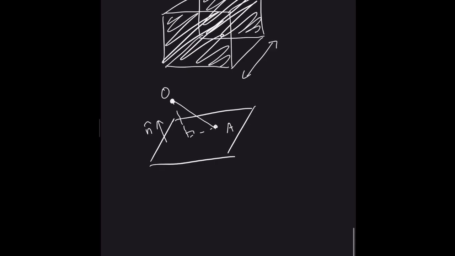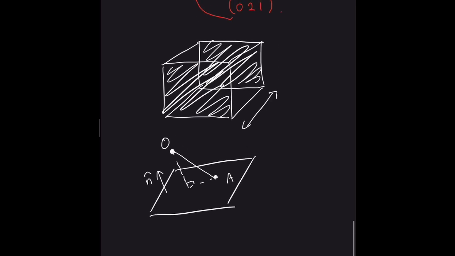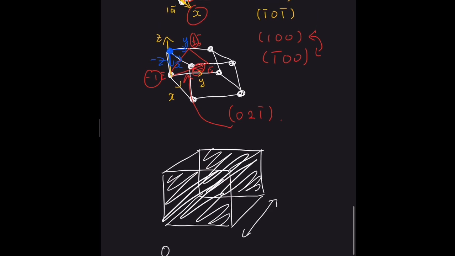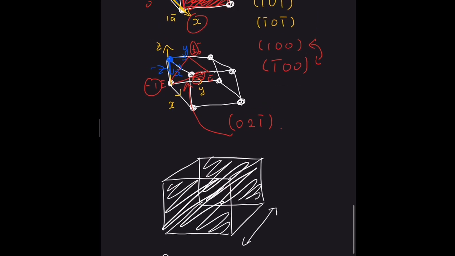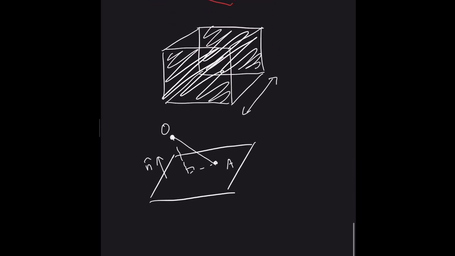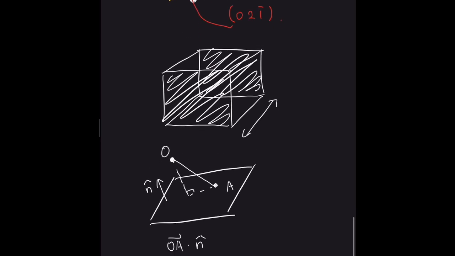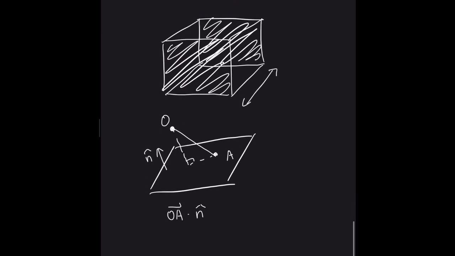So, in our case, because of the way we have defined the Miller index, your OA times your normal, which is what your Miller index can act as, will just be 1.